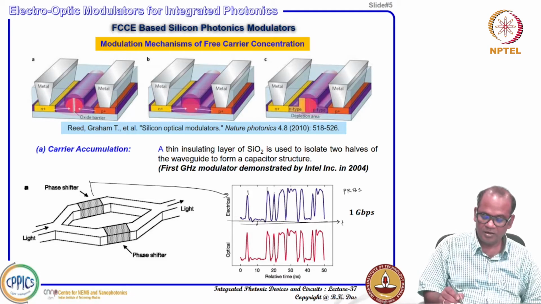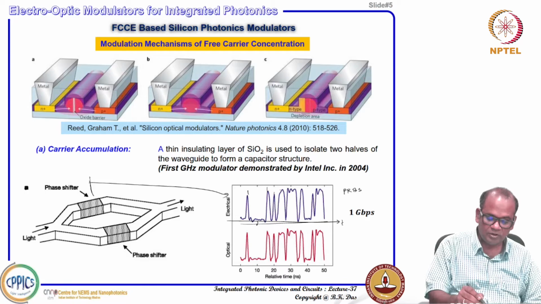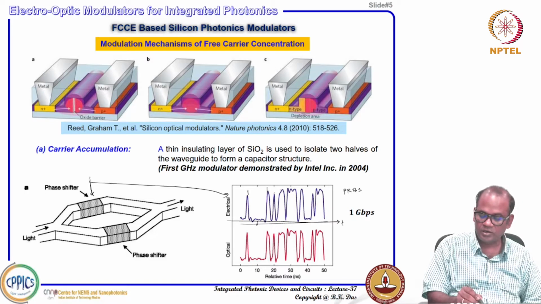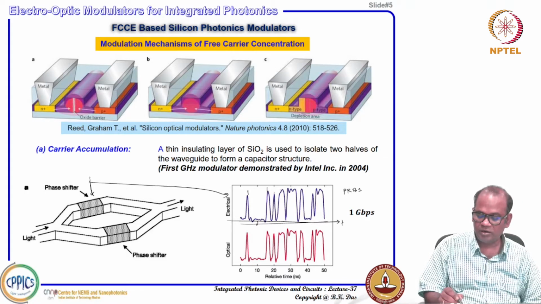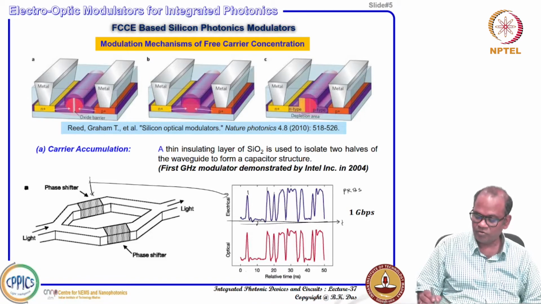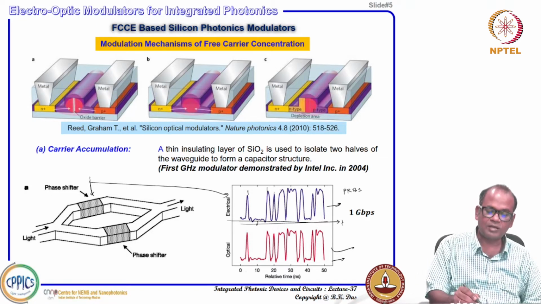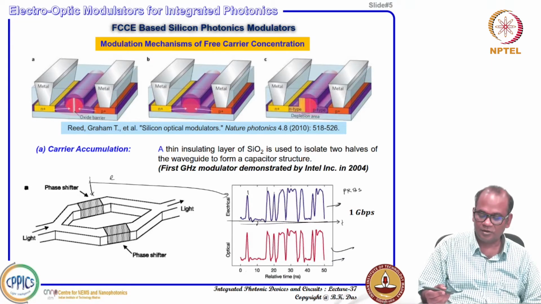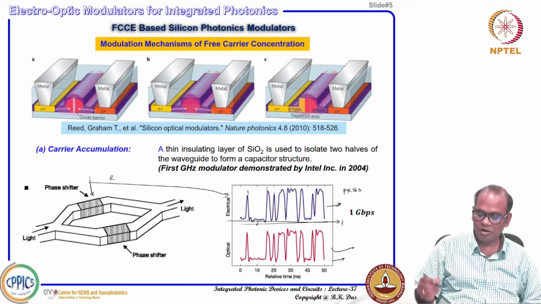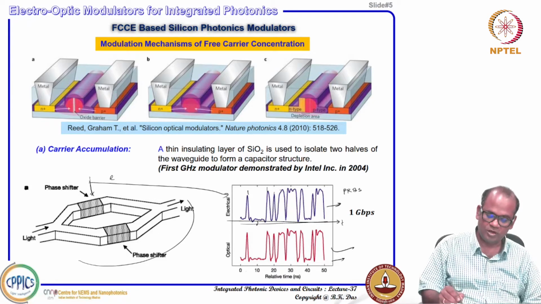According to your data stream, your phase will be modulated, and according to your phase modulation, your light intensity will be changed. They have shown that you are getting an almost one-to-one replica. This is your electrical signal and this is your optical signal, and that is how electrical signal is converted into optical signal. So that is how you can transmit with the optical frequency. That is the role of the modulator basically.